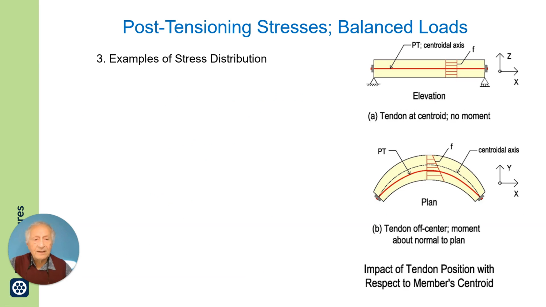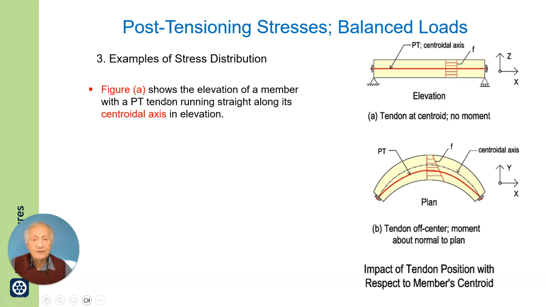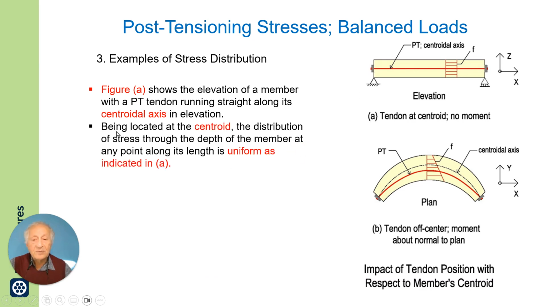Now, we are continuing on stress distribution. The figure in A shows the elevation of a member, and here is the plan of the member. In the elevation, the tendon passes through the centroidal axis. Being located at the centroid, the distribution of stress through the depth will be uniform, as indicated here.